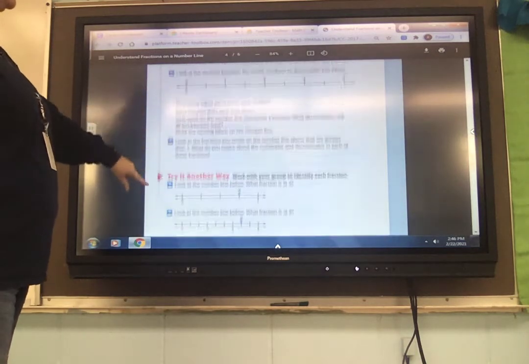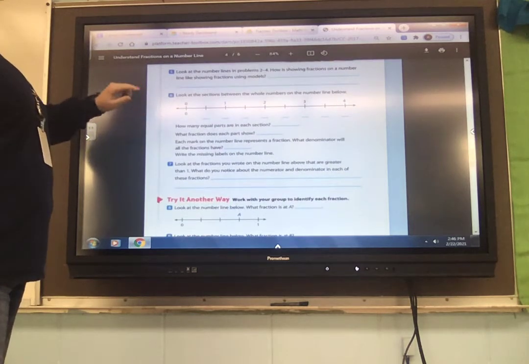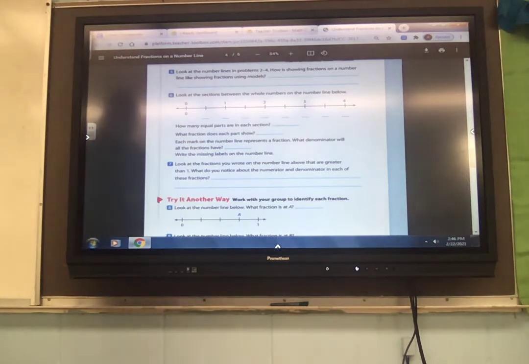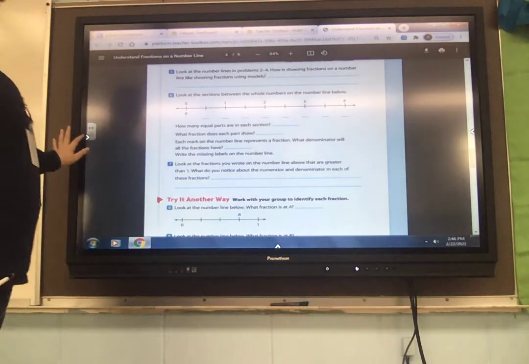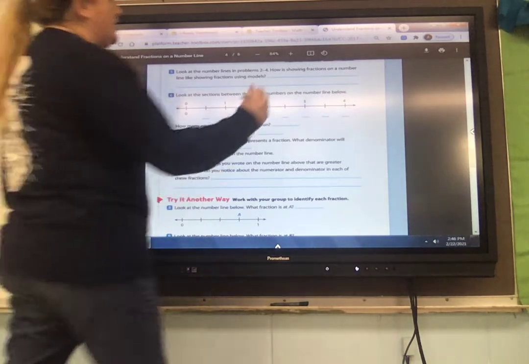This is page 165. Number 5. Look at the number lines in 2 through 4. How is showing fractions on a number line like showing fractions using a model? They both are going to have equal parts, or a total.